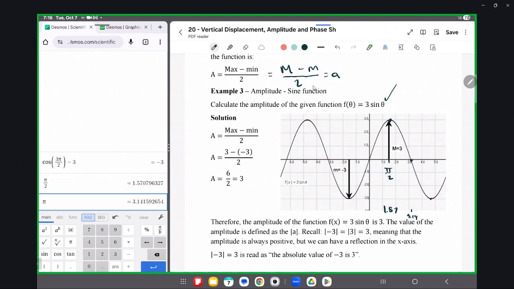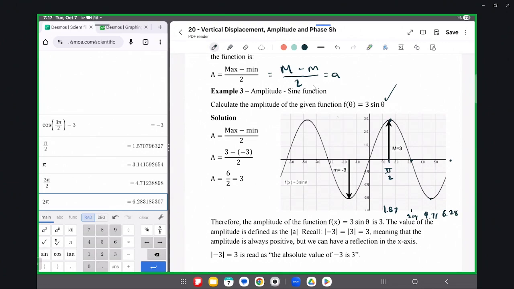The minimum is going to be 3 pi over 2, which is going to be 4.71. And then you can't see it here, but there's going to be the end of the cycle, which is going to be 2 pi, which is going to be 6.28. So the textbook commonly converts these all to decimals. You can do that as well. I find it easier to think about this in terms of pi, but again, I leave that decision to you.